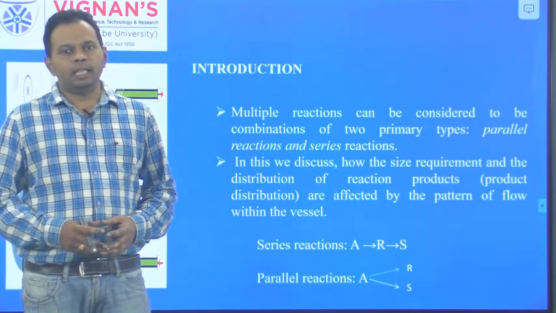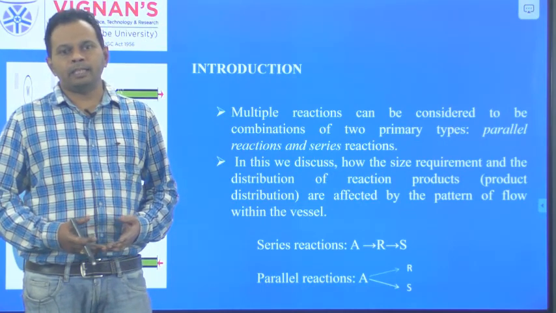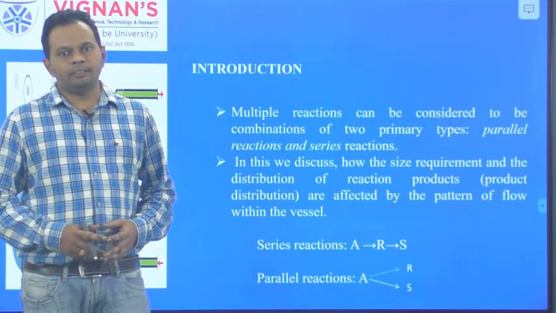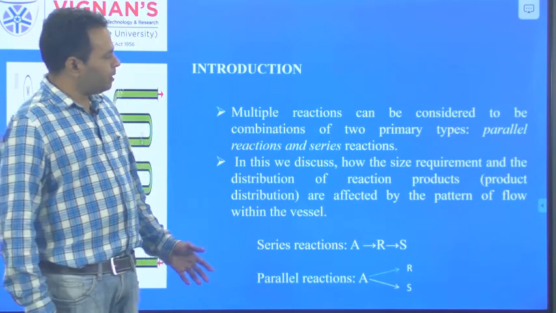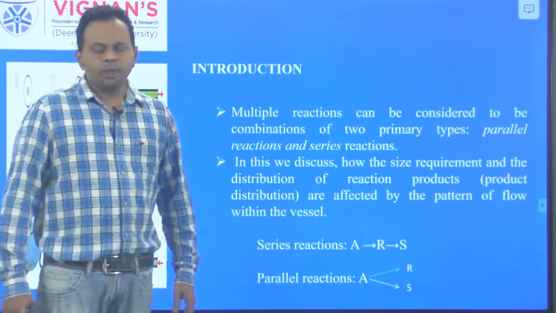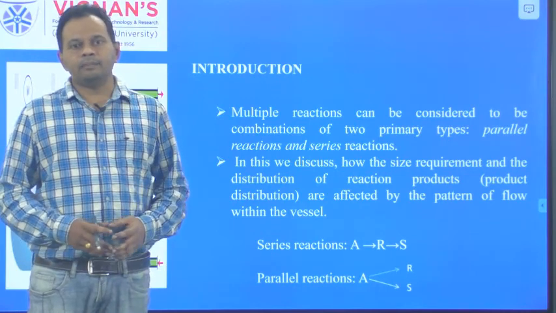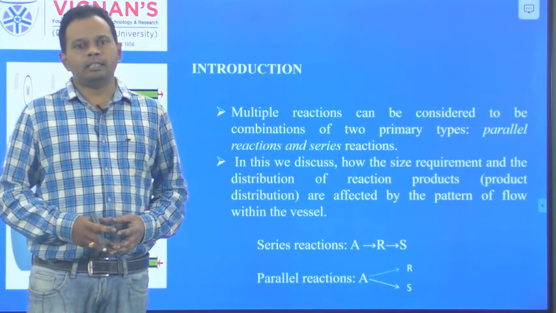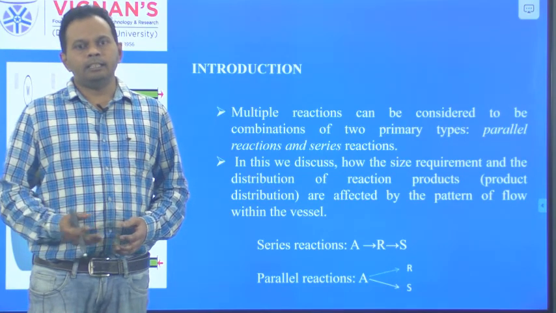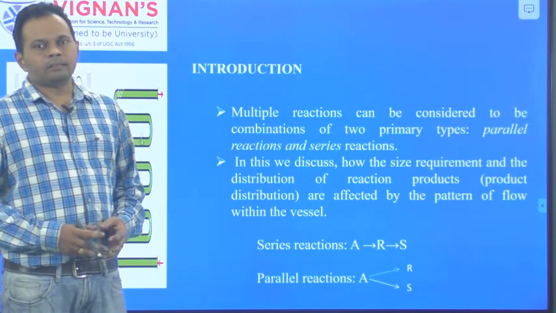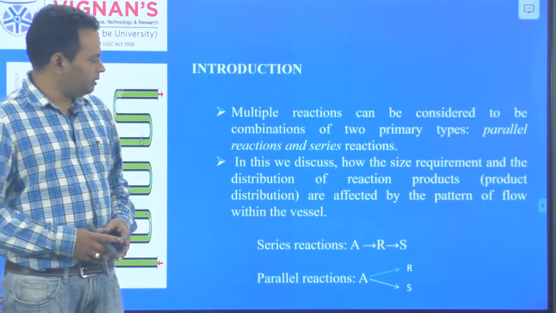That is, we can maximize the formation of the desired product and minimize the formation of the undesired product. Also, by varying the contacting flow patterns, we can vary the size requirement for the reactor. We can minimize the volume of the reactor required. Sometimes we can increase the volume, but if we are able to decrease it, we can minimize the cost of the reactor design.